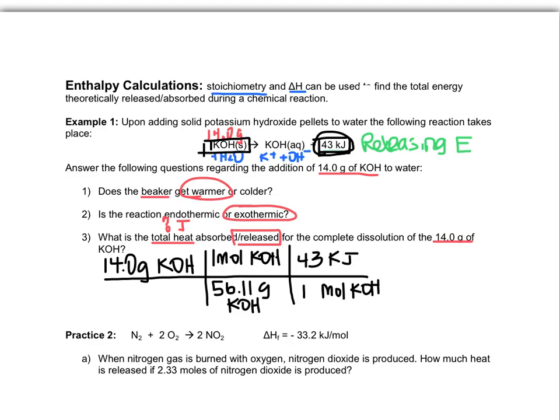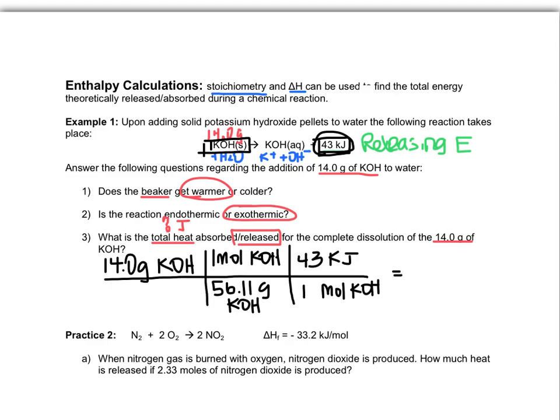It didn't specifically say if I have to have it in joules or in kilojoules, so I'm going to leave it in kilojoules. Usually with heat, we're dealing with big numbers, lots of quantity, so we usually put it in kilojoules anyway. So we would go ahead and multiply 14 times 43, because they're on top, and then divide by the 56.11 because that's on bottom.